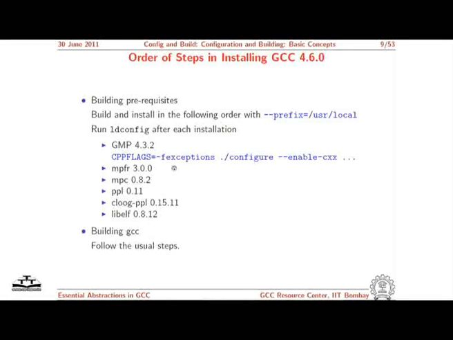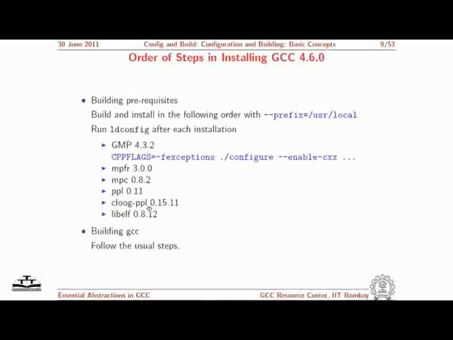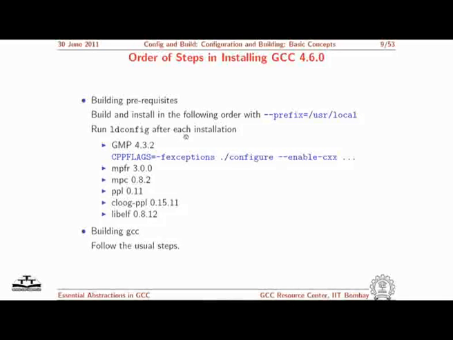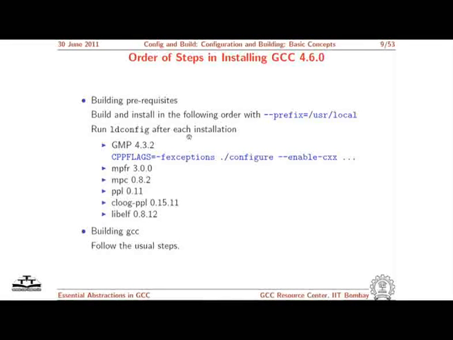These are the things that do not come with GCC and sometimes are not available by default. It's important for you to look at these steps very carefully. Every time you build something, you have to run ldconfig. ldconfig sets up the path for searching of executables, so that you can actually get the executables in place.